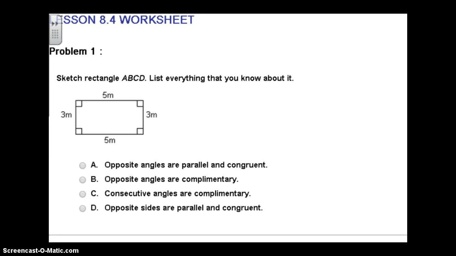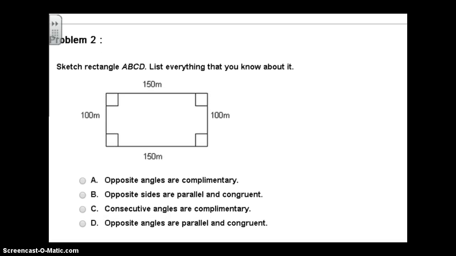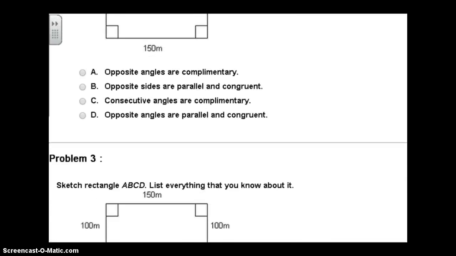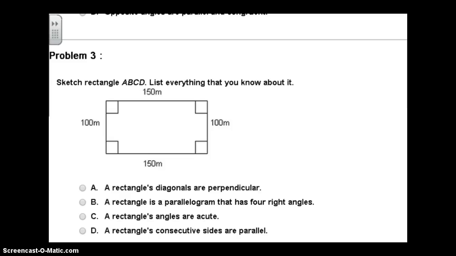Okay, now that you have all those notes down, you can go ahead and answer some of these problems. This is all coming from the Class Zone textbook under the e-workbook. Okay, so you can pause as you go. So problem 1 has to do with a rectangle. Problem 2 is a rectangle. Problem 3 is a rectangle.